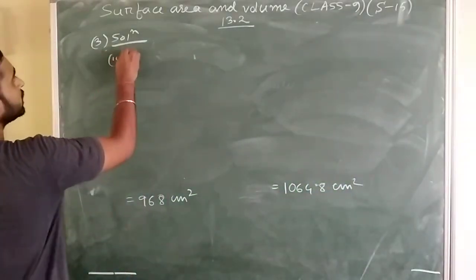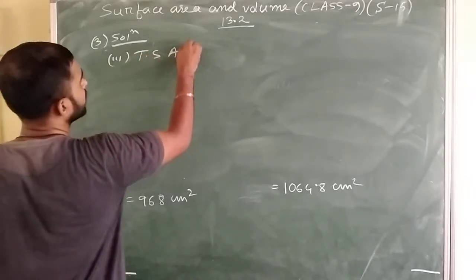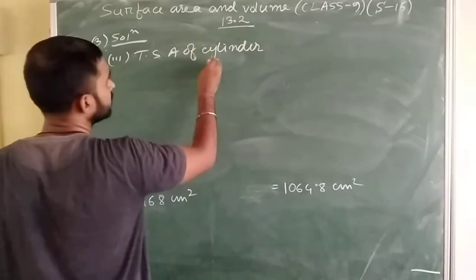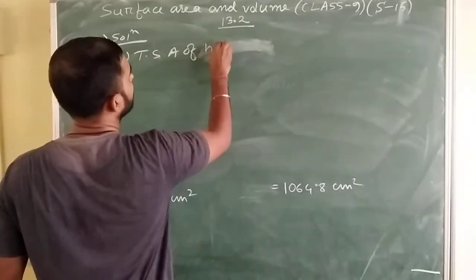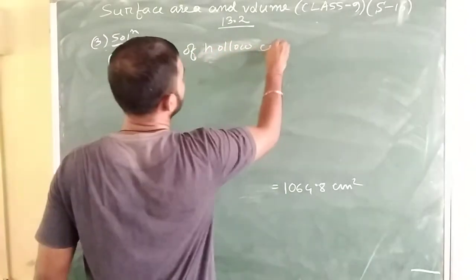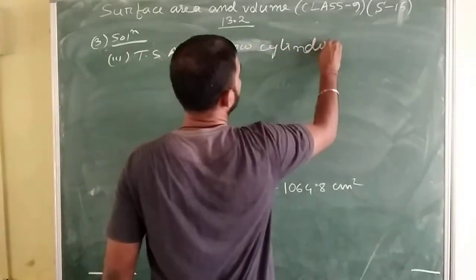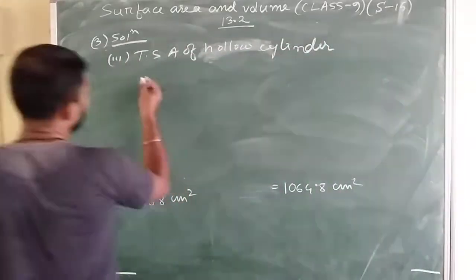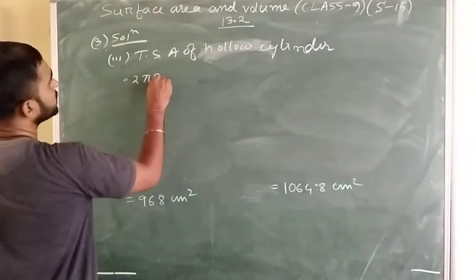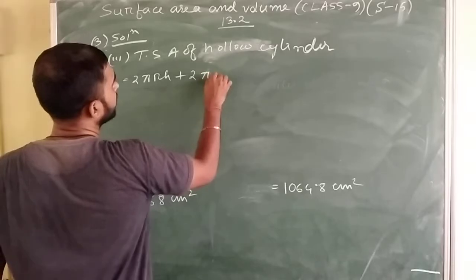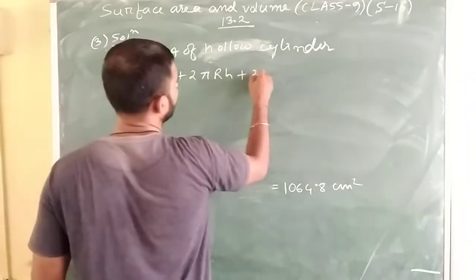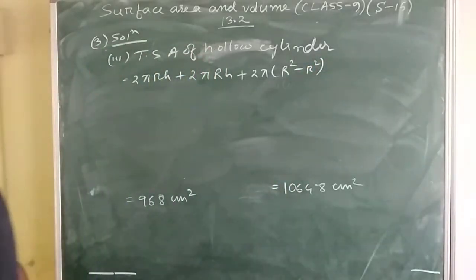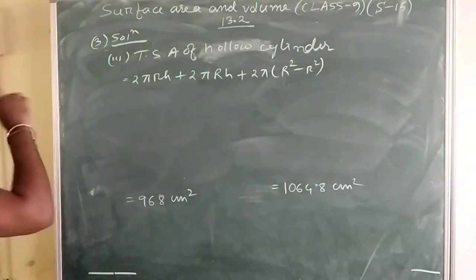The formula is 2 pi small r h plus 2 pi capital R H plus 2 pi times R square minus r square. This is the total surface area of a hollow cylinder.